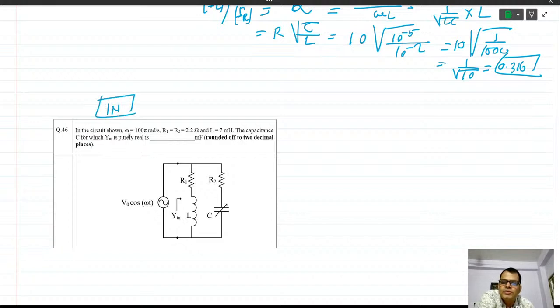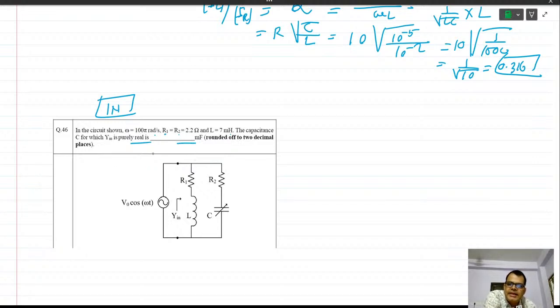In the circuit shown, omega equal to 100 pi radian per second, R1 equal to R2 equal to 2.2 ohm, L equal to 7 millihenry. The capacitance C for which Yin is purely real is in millifarad, rounded up to 2 decimal places.